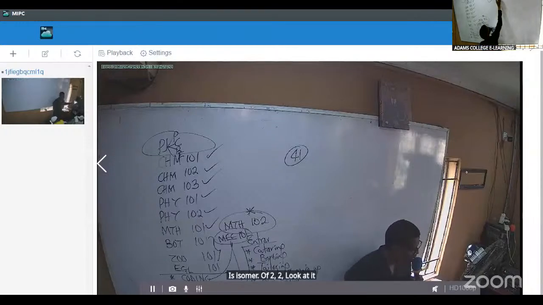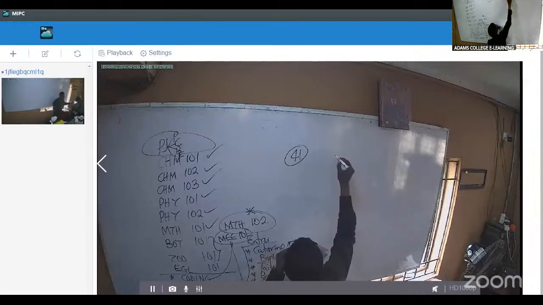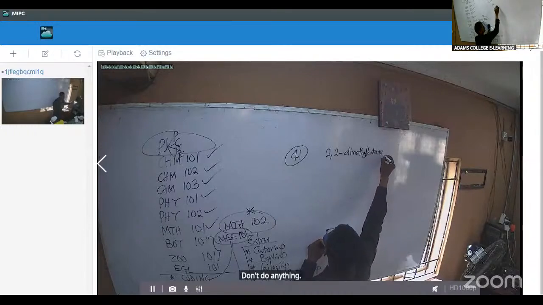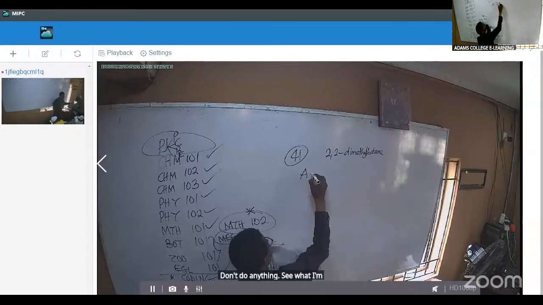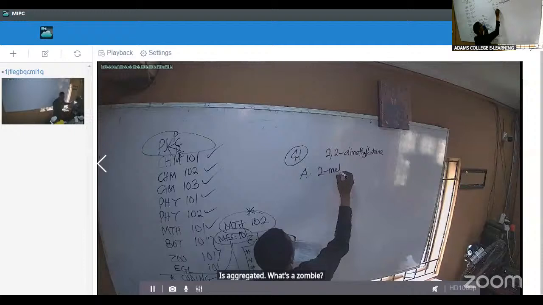This is how to get the answer. 2,2-dimethyl. You don't even need to work anything out. You don't need to throw anything. See option A, 2-methylbutane. This is how to get it. What's option B? 3-methyl. Methyl what?